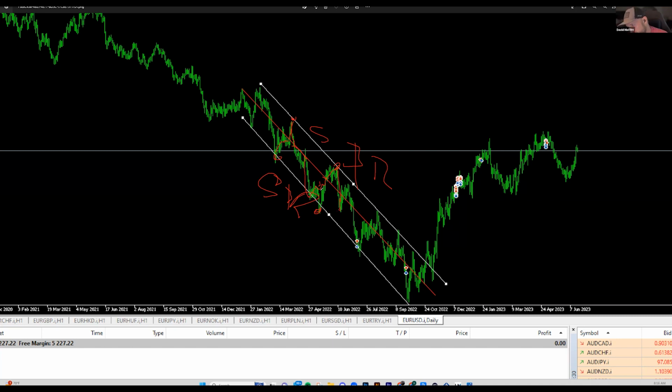This one failed that same pattern, but you can also see that it failed to touch this line, came back down, crossed that line, and touched that, right? As soon as it touches that, it comes back up and crosses that. So generally speaking, as soon as it crosses that 50%, it's going to touch the bottom or the top or whatever, right? And so that's how you look for a channel. It's going to go to the other side of the channel.